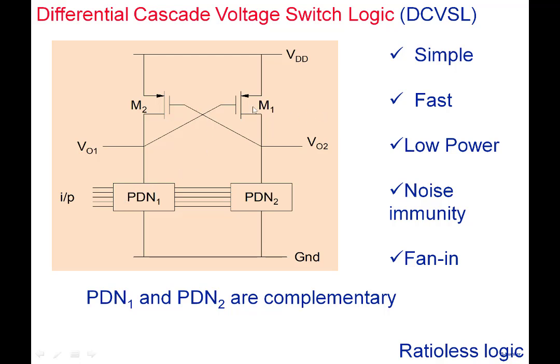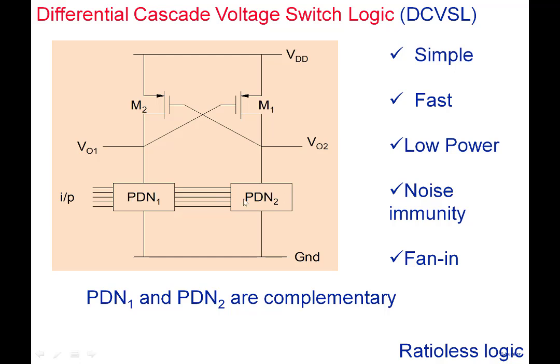There's another pull up here and a pull down network here. And the two pull down networks are complementary in nature. Complementary in the sense I designed it such that if this pull down network is active, that it creates a path to the ground, then this one is inactive. If this one is active, then this one is inactive. That's how we design PDN1 and PDN2.